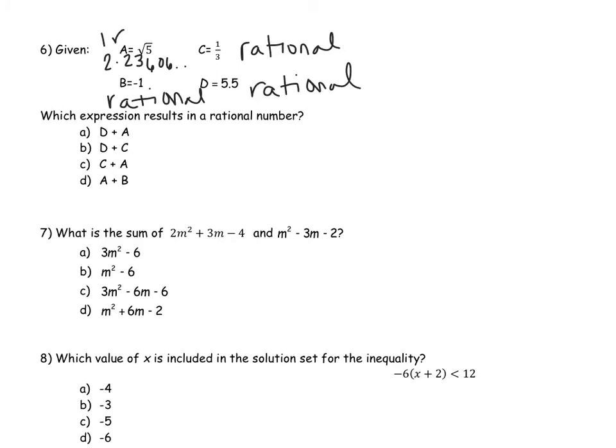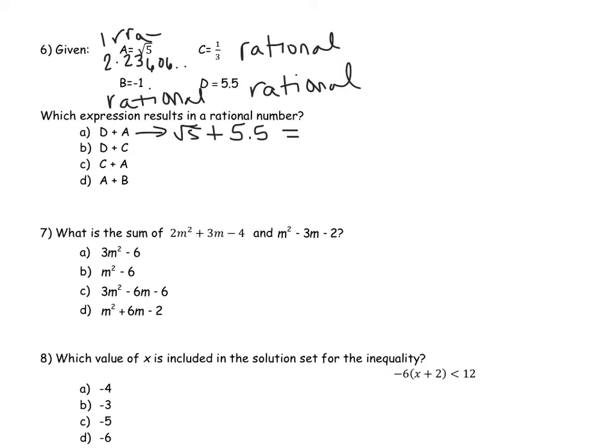I'm trying to write this, and it's not working. Rational. That works. Okay, which expression results in a rational number? So when you're adding D plus A, that's going to be the square root of 5 plus 5.5. Guys, this is going to be irrational.